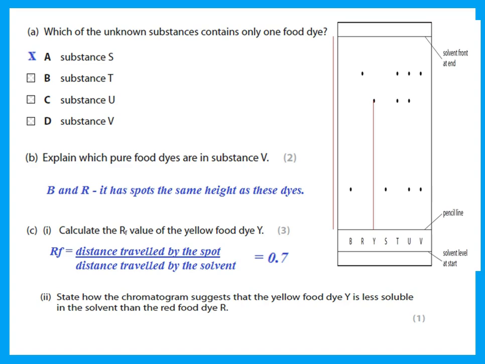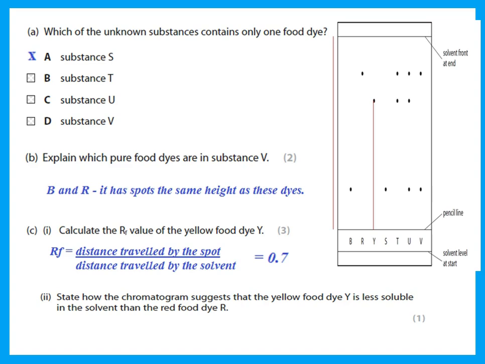State how the chromatogram suggests that the yellow food dye is less soluble in the solvent than the red food dye. Remember, chromatography separates substances based on what? It is based on their solubility in the solvent. The one that is more soluble in the solvent goes up further.